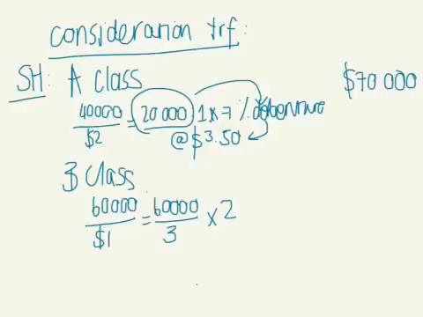So 60 divided by 3 times 2 equals 40,000 shares in new Starfish, and these shares are valued at $2.70 each. $2.70 times 40 gives us $108,000.